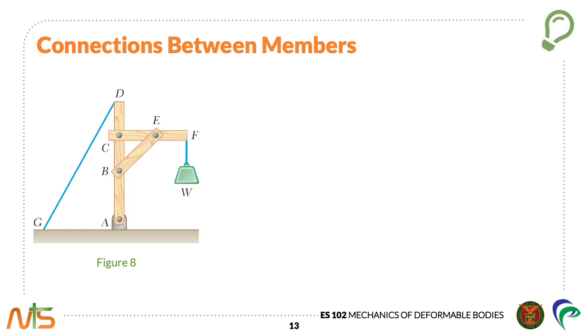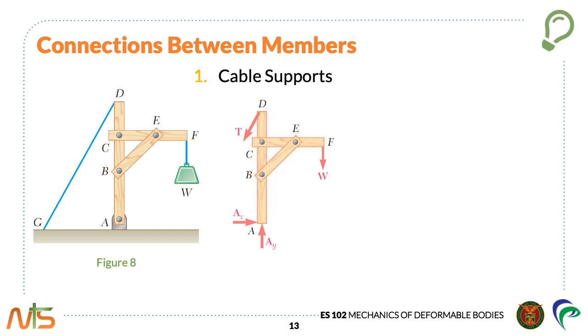The free body diagram of the crane is shown in Figure 9. The external forces which are shown in the diagram include the weight W, the two components Ax and Ay of the reaction at A, and the force T exerted by the cable at D.